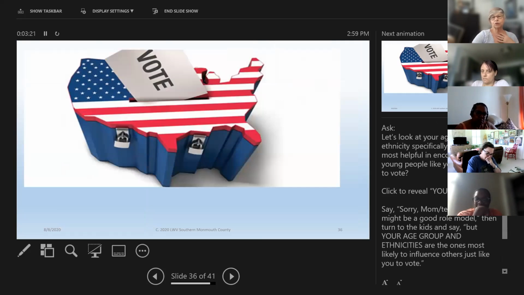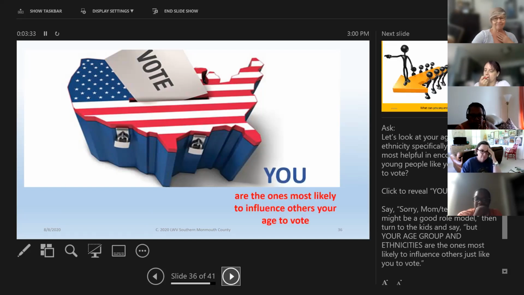Let's look at your age group and ethnicity specifically. Who can be most helpful in encouraging more young people like you to get out to vote? You. You're the ones who are most likely to influence others your age to vote. And when I'm working with older groups, I usually say, sorry, mom, sorry, grandma, sorry, teacher.